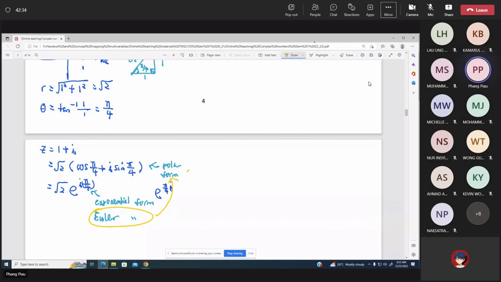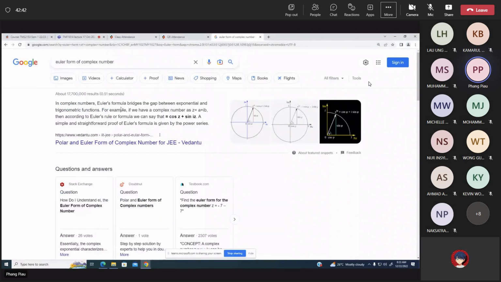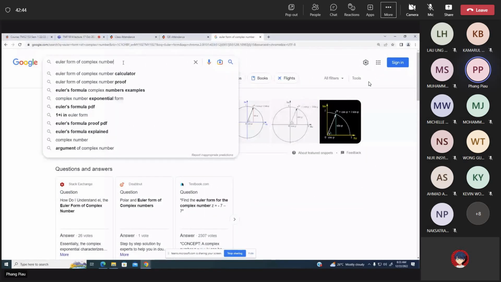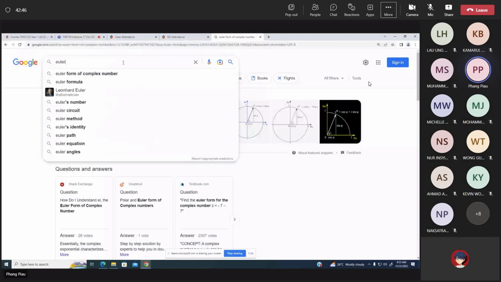And this is the alternative, or you call it a polar form, or you call it the Euler form. But as I told you, if you Google Euler, it can mean many different things. You have the Euler numbers, Euler circuits, and so on.